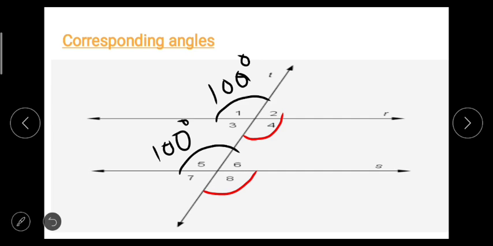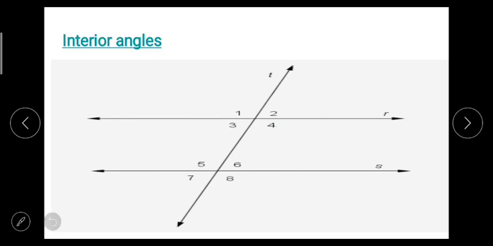Suppose the measure of angle 4 is 120 degrees. Then what is the measure of angle 8? 120 degrees only, because angle 4 and angle 8 are corresponding angles, right? And corresponding angles are always congruent.